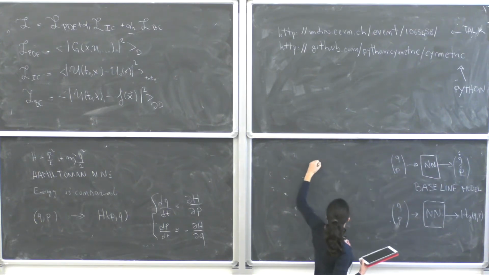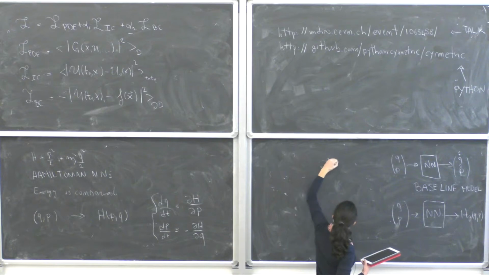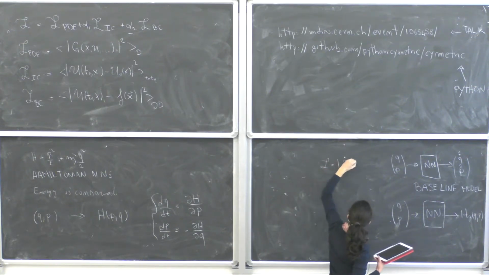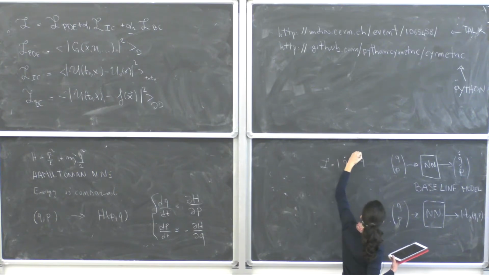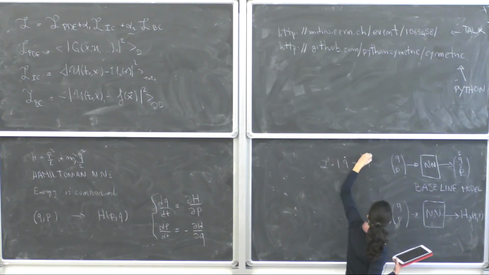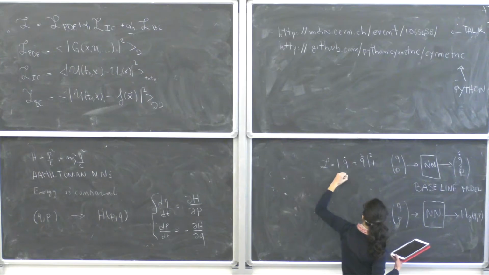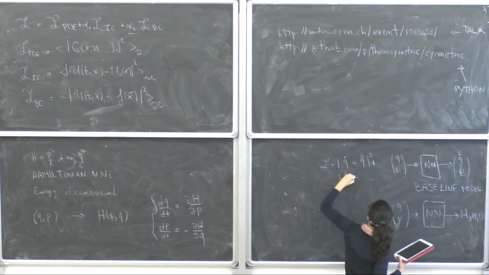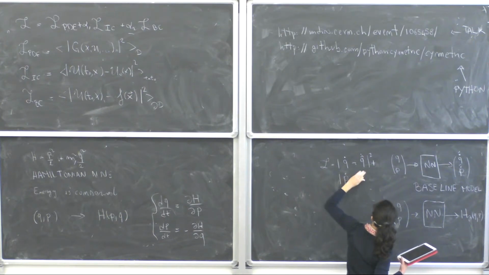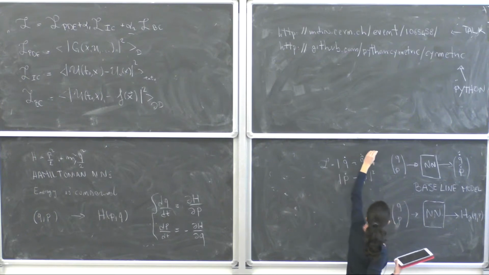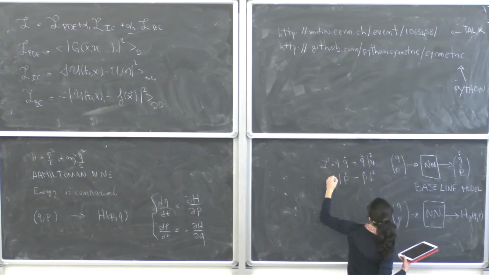Therefore, I can cook up a loss function, which may be given by the real Q dot minus the predicted Q dot squared, plus the real P dot minus the predicted P dot, of course averaged on my sample.